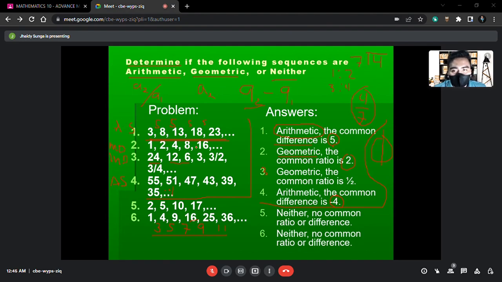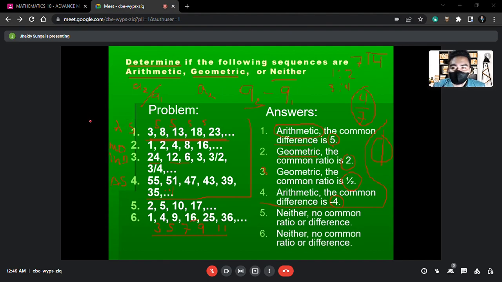While in the third given, yes, it is geometric, but it is in fraction form. In arithmetic, when the value is positive it is greater, right? Positive is greater, negative is lesser. So if it's positive, we could see that the given is increasing, right?